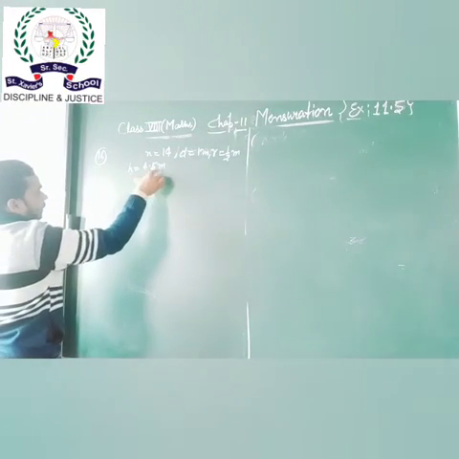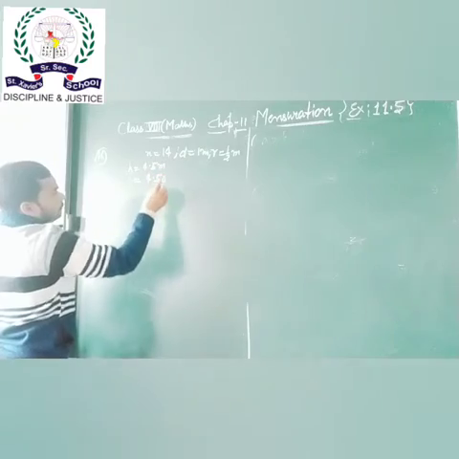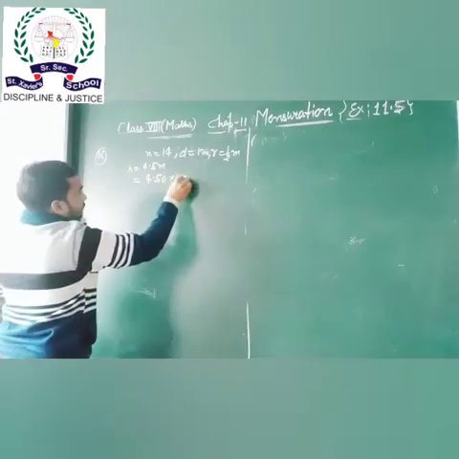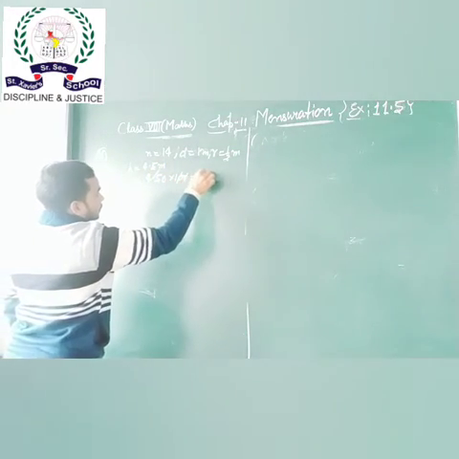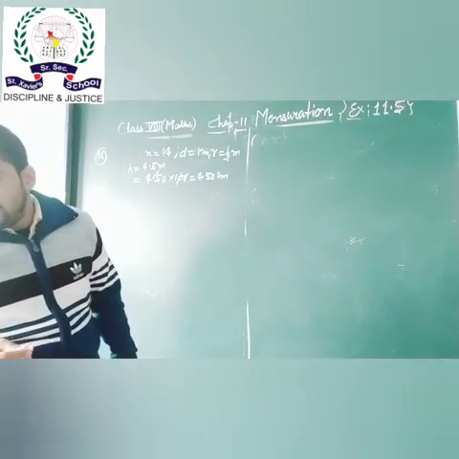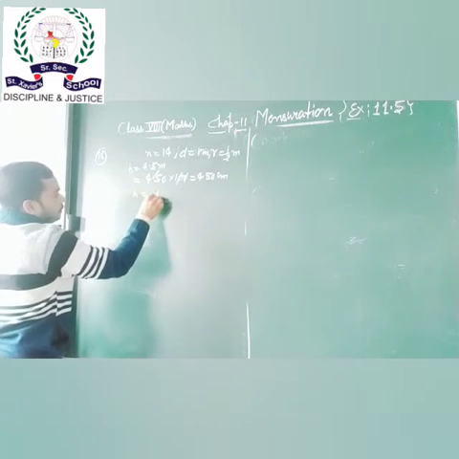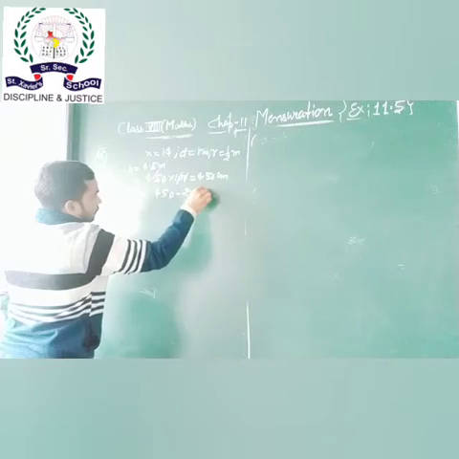So 4.5 meter converted to centimeters. 4.5 into 100. Point remove. You can see 450 centimeters. Then 15 centimeter leaving from the top and bottom, so height becomes 450 minus 2 into 15.